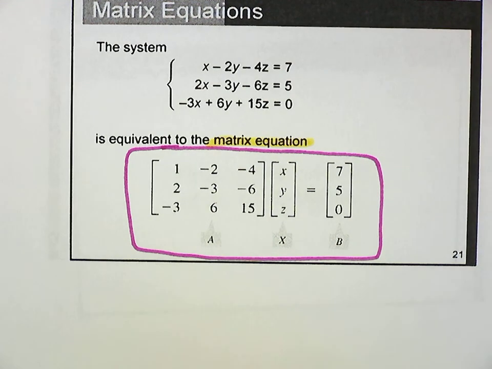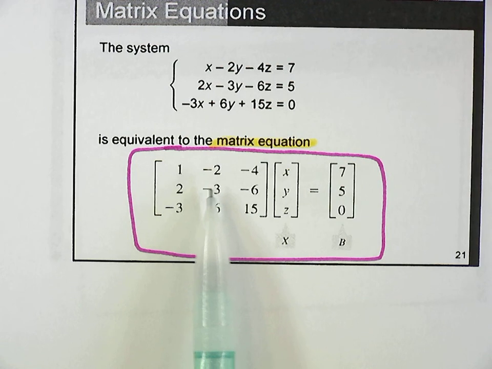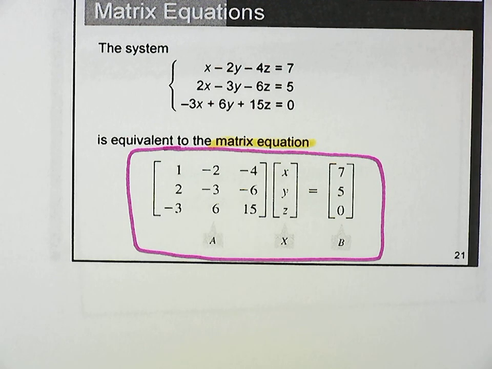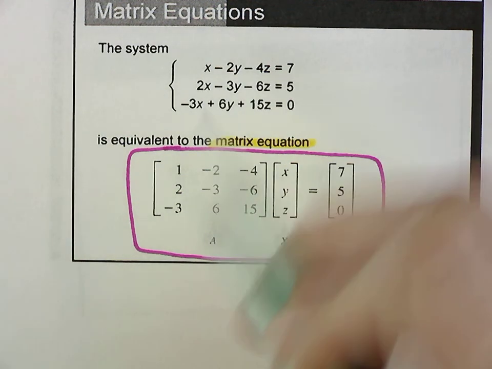So in examining this, Bruno, where do these numbers come from in A? Yeah, they're the what? The coefficients, right? So in front of x is 1 and then 2 and then negative 3.